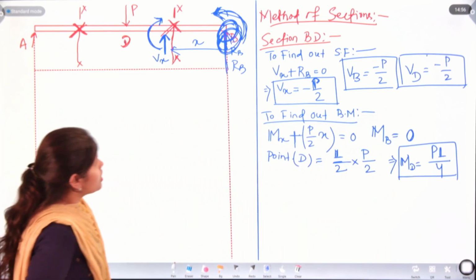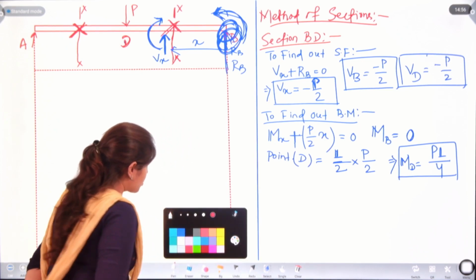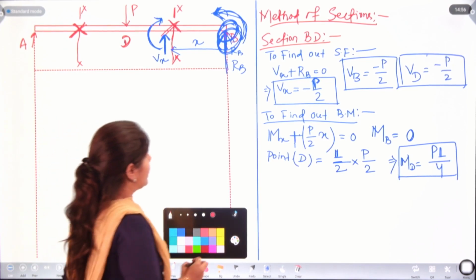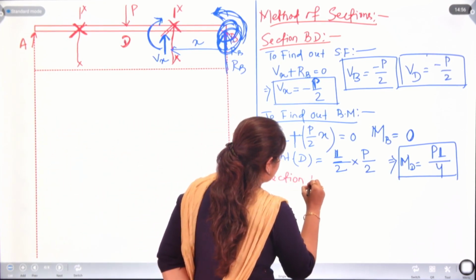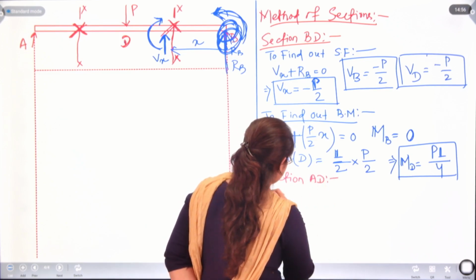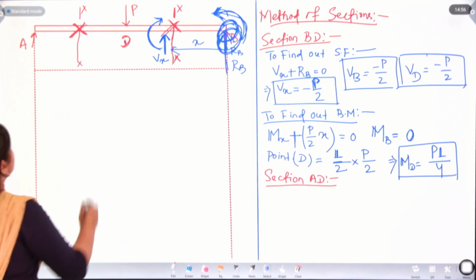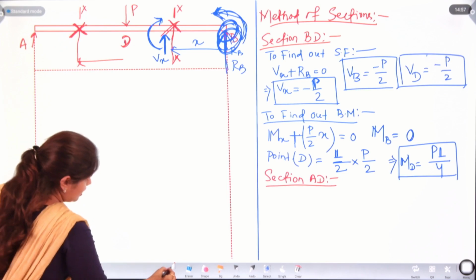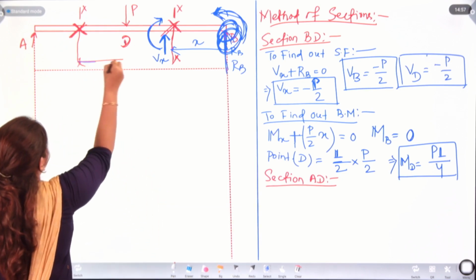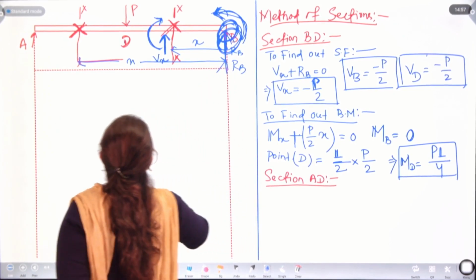No issues. Now let's take section AD. So in section AD, from here, take this distance as x.